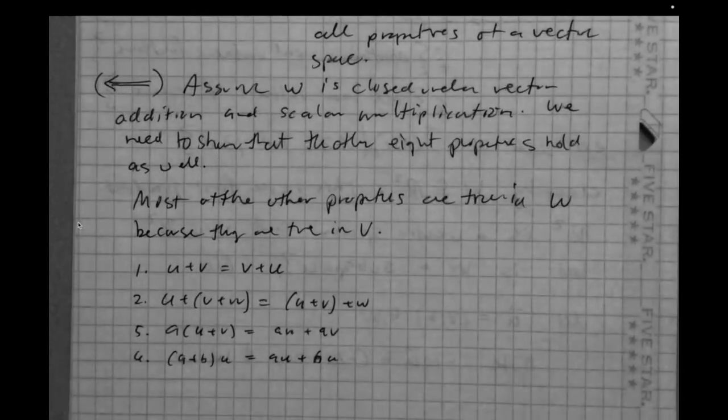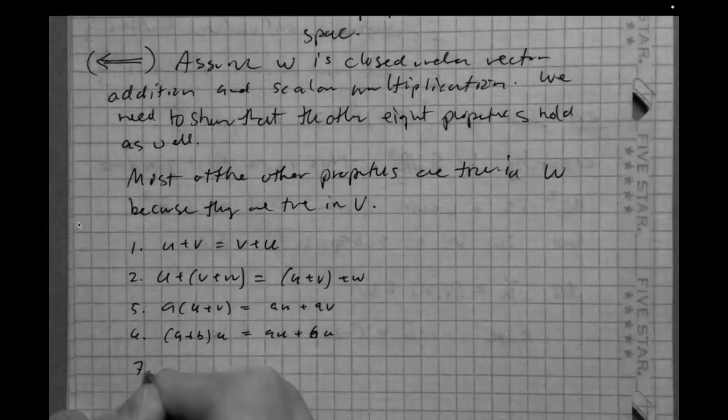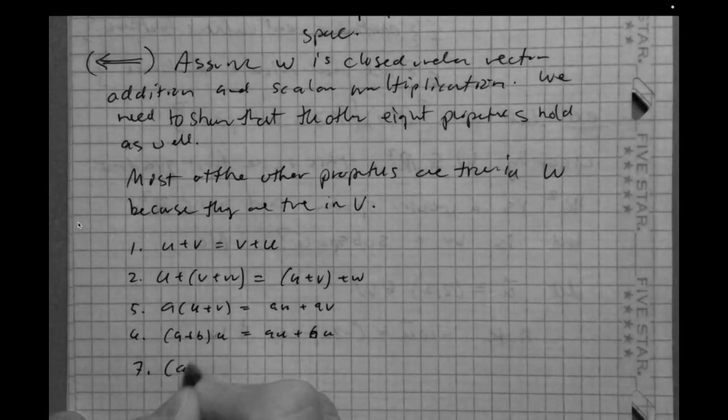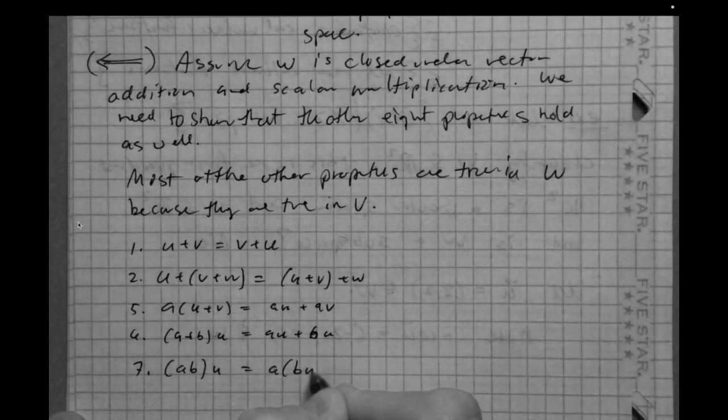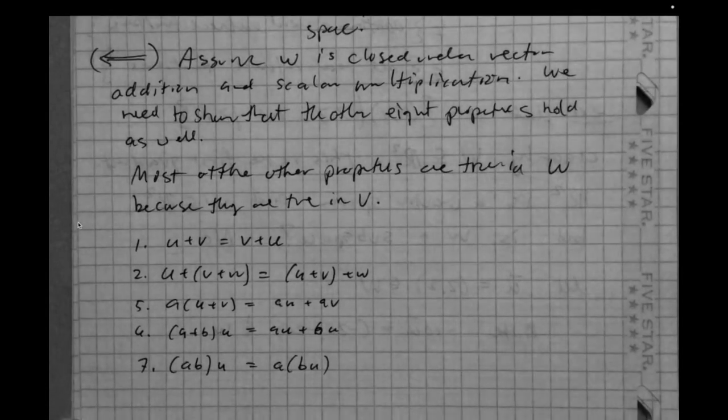And we get 7 for free. 7 says A times B times U is A times BU, so again, another kind of associativity.